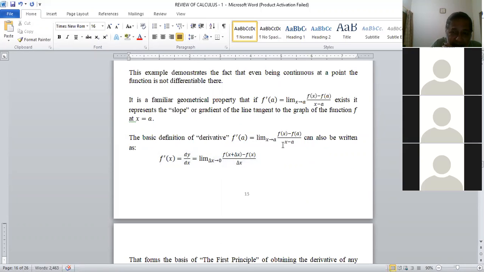It is the same thing. अगर मैं x माइनस ए को डेल्टा x कह दूं तो x की जगह x प्लस डेल्टा x आ जाएगा, a की जगह x आ जाएगा और डेल्टा x सब कुछ 0 आ जाएगा.